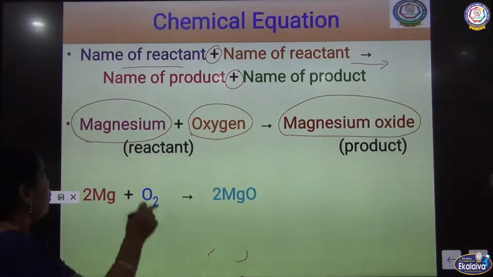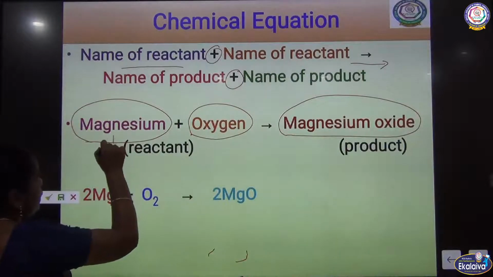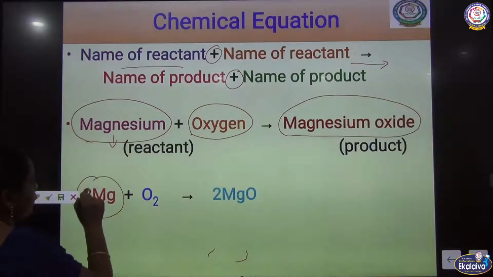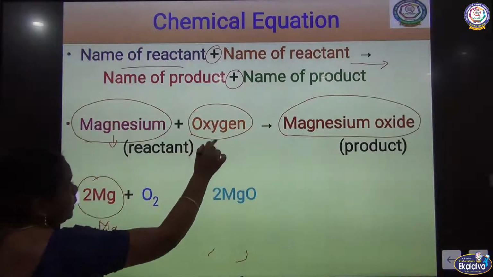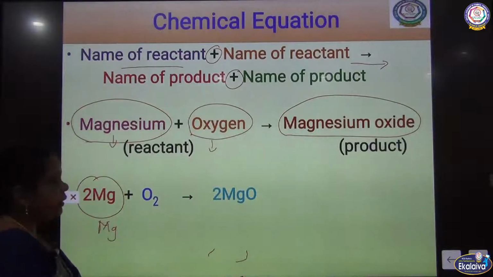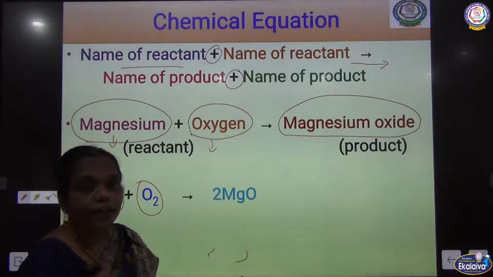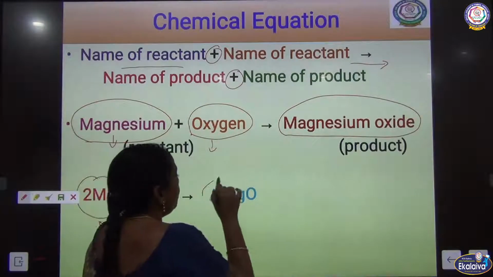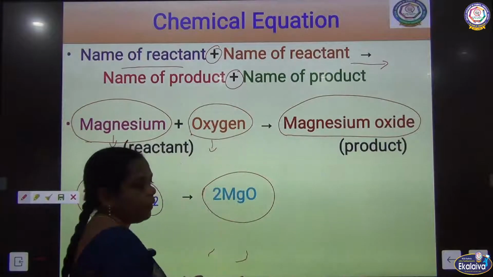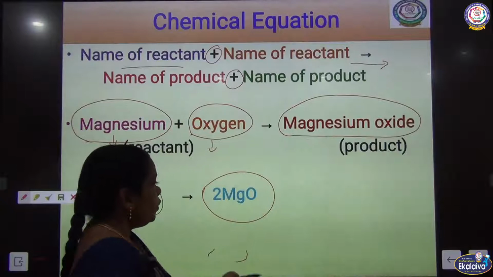This can be represented in the form of an equation by using the chemical formula or symbol of the element. The first reactant is magnesium, so here we write magnesium. And then the second reactant is oxygen. These two undergo change to form magnesium oxide, the new substance. So now you want to balance.